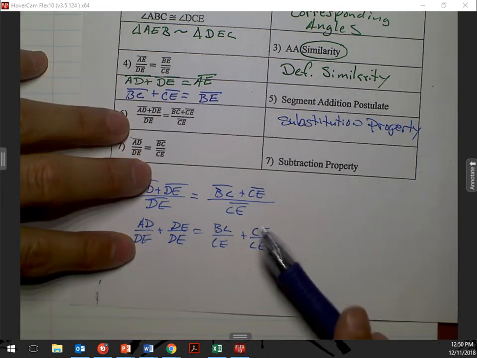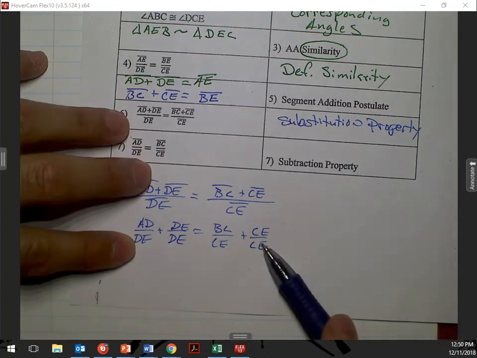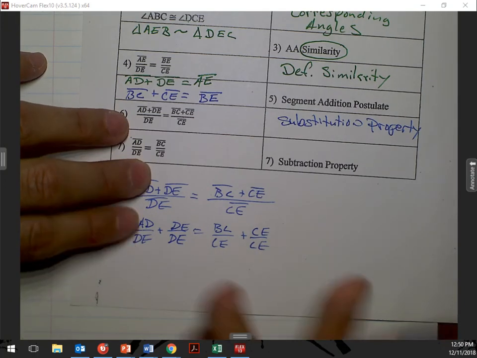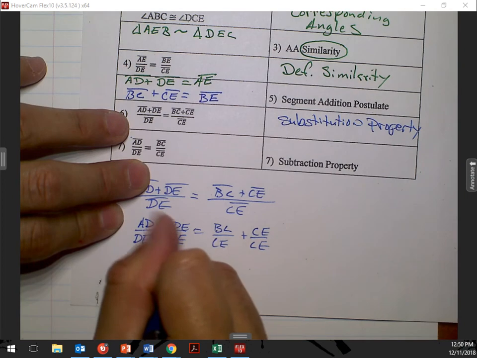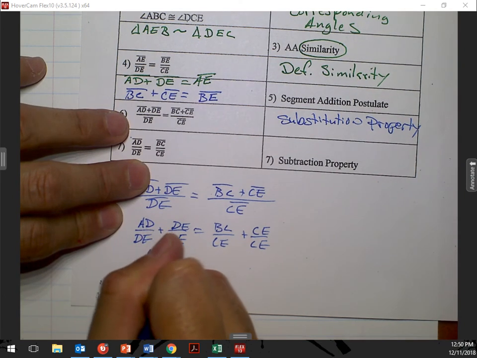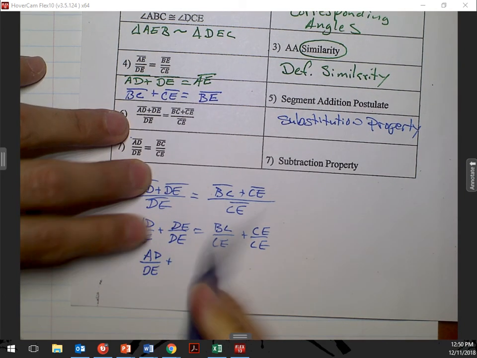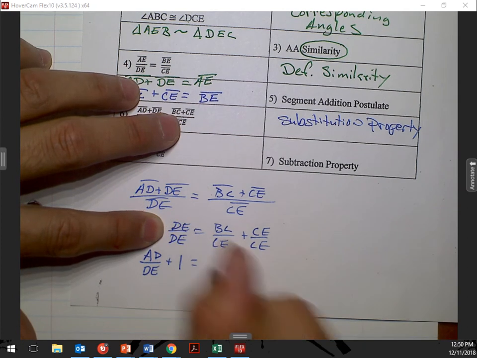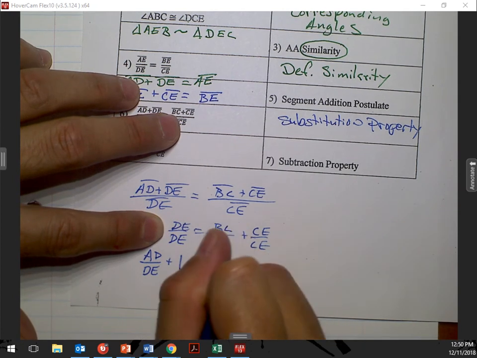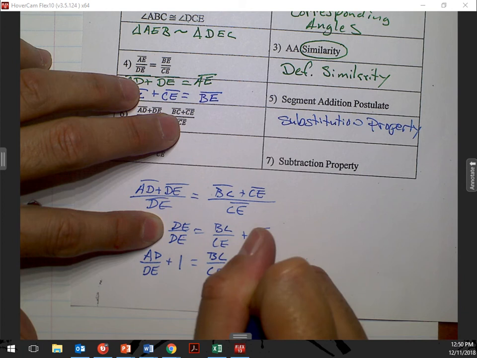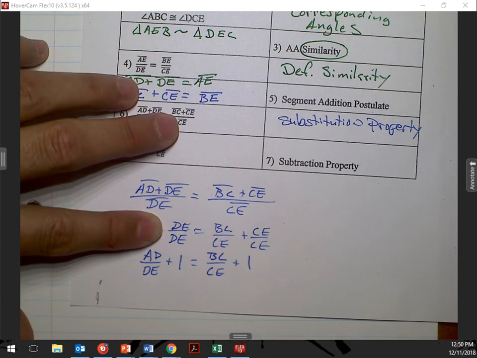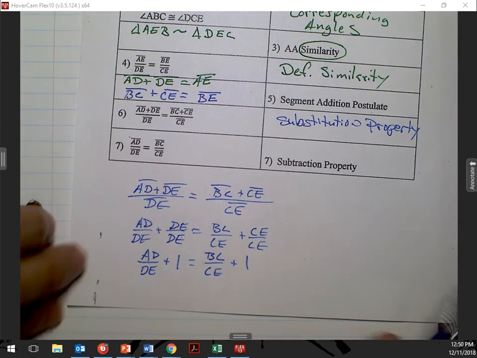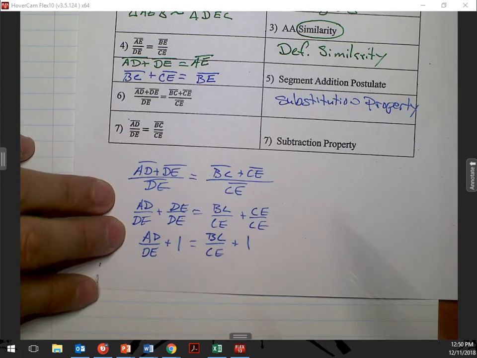All right, so hold on. CE over CE should be 1, right? Same thing on top and bottom is going to give me 1. So that's one whole: AD over DE plus 1, right? And on the other side, same top and bottom, I get 1, equals BC over CE plus 1. What would I do to both sides here?